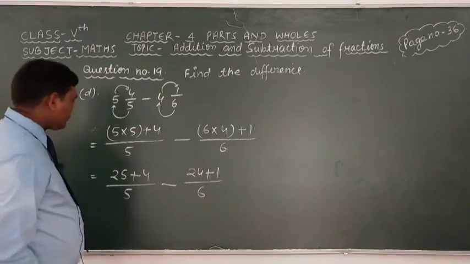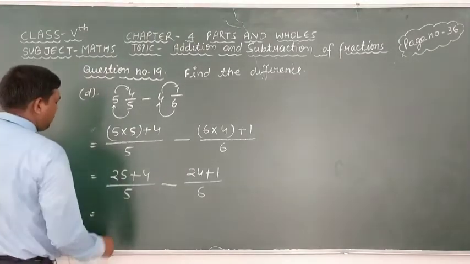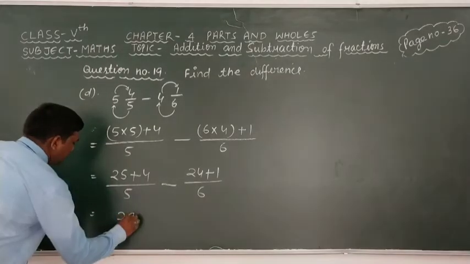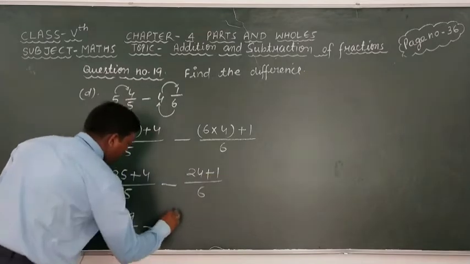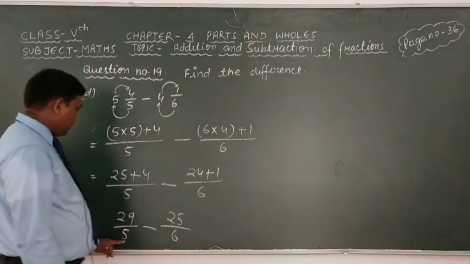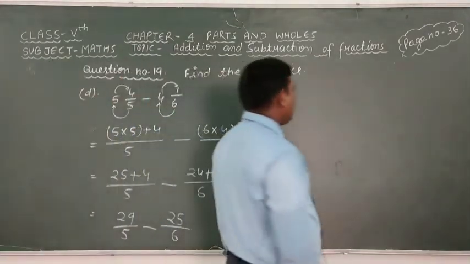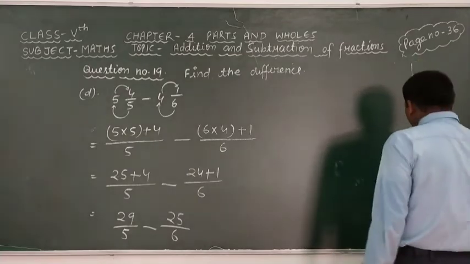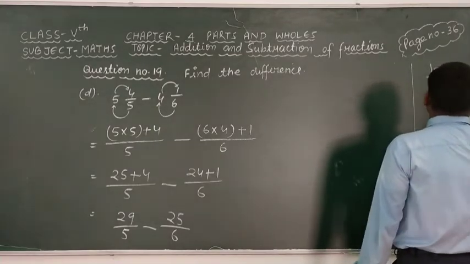Okay, after adding these we get 25 plus 4 is 29 over 5 minus 24 plus 1 is 25 over 6. Okay, friends, here we get 5 and 6 as denominators, and the given denominators are not same, therefore we can take LCM of 5 and 6.